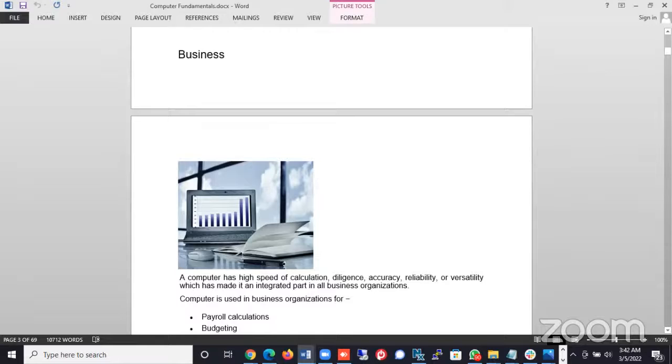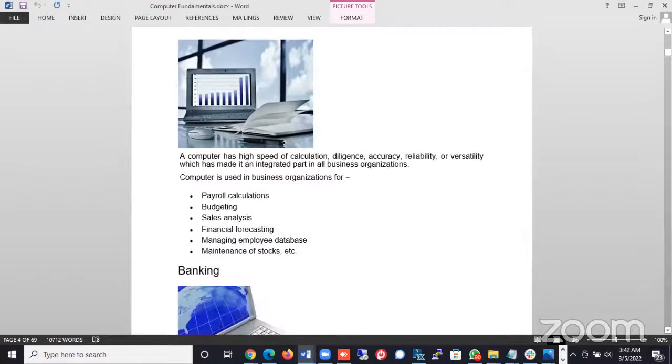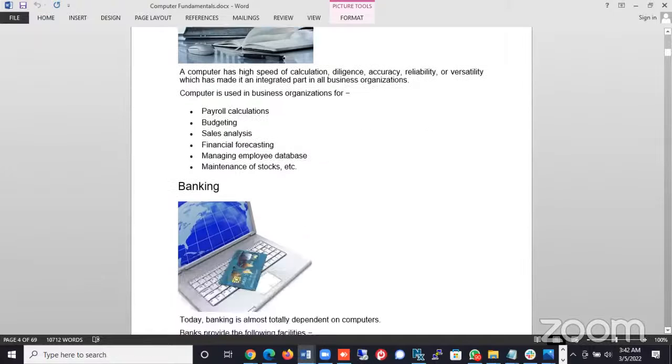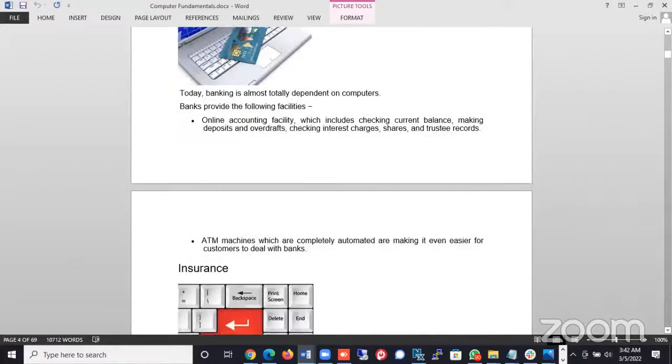When it comes to business, it is used for accuracy and reliability, for payroll, for budget, for sales. When you are in the banking sector, there's also a good use of a computer.